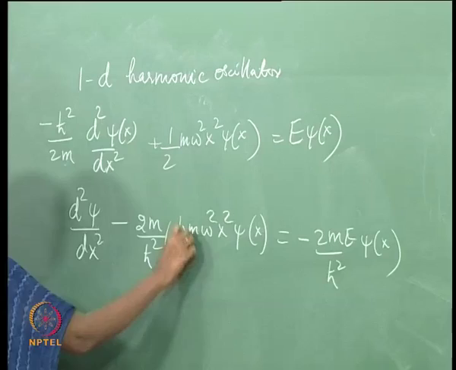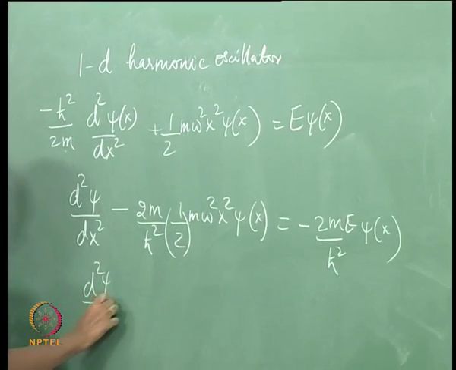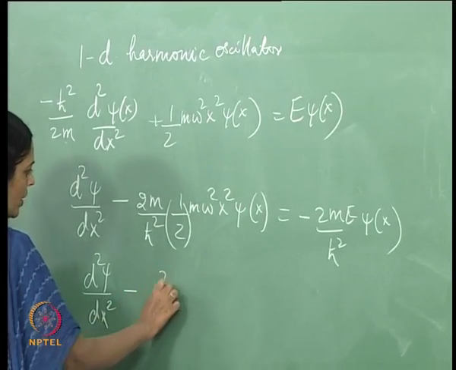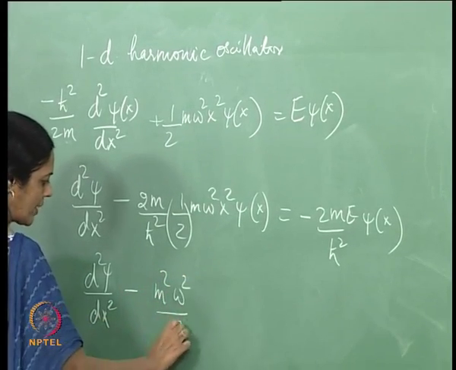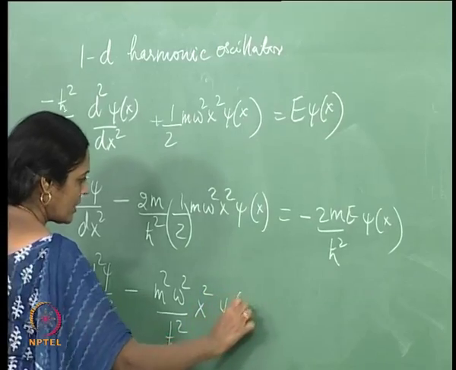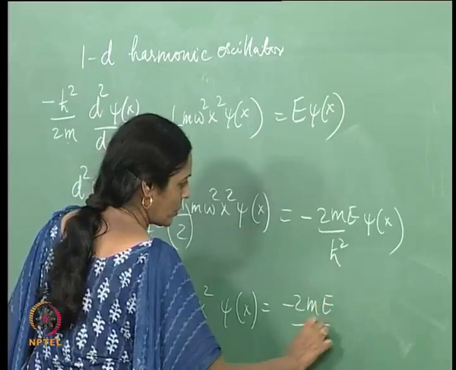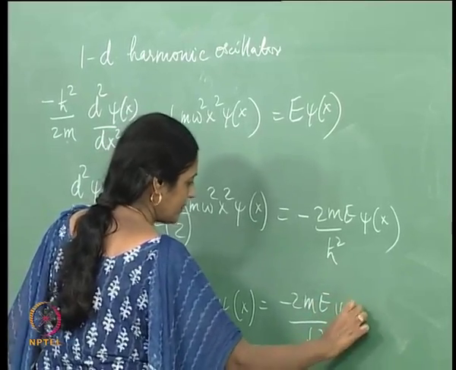So that just gives me d2 psi by dx squared minus m squared omega squared by h cross squared x squared psi of x is minus 2m E by h cross squared psi of x.